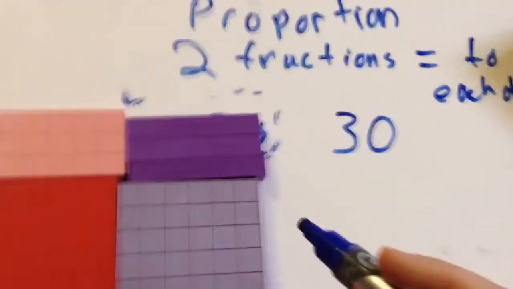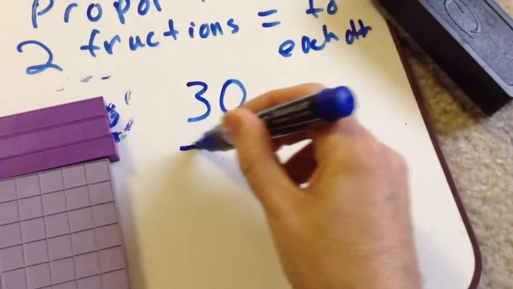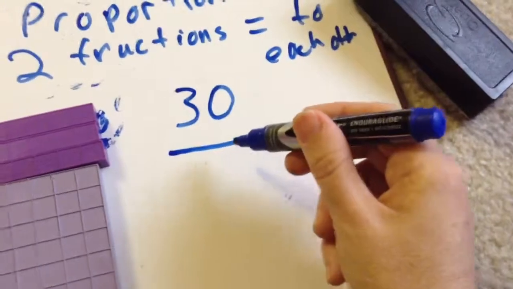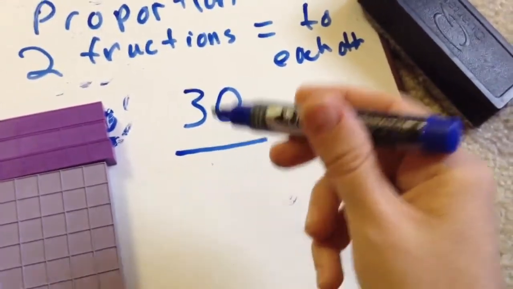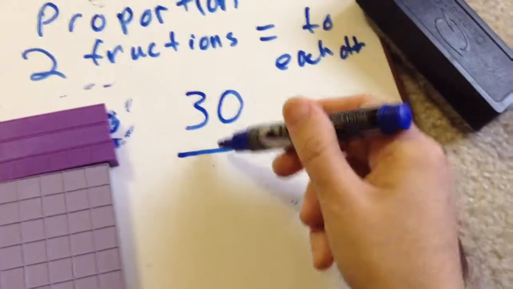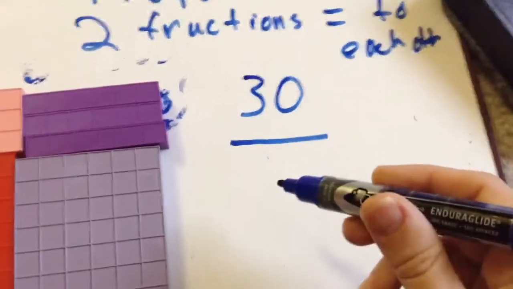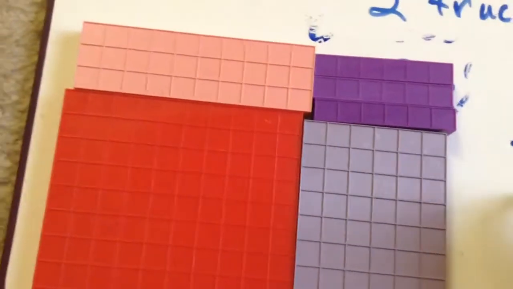Okay? So here we have 30 on top, and since I want to make that a fraction, we have 30 per. In this sense, the fraction bar can mean per. It can also mean divided by, but it also means per. So we have 30 per 100, right?